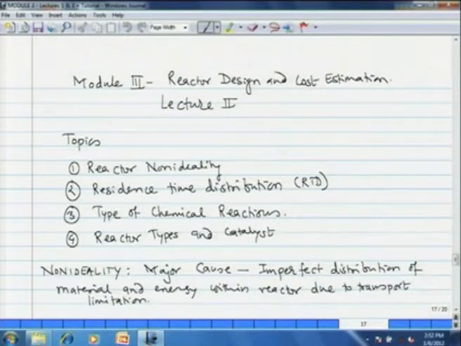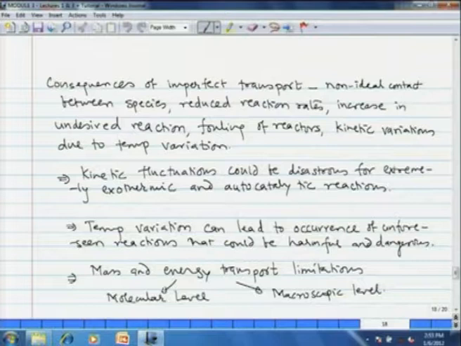The major cause of reactor non-ideality is the imperfect distribution of material and energy within the reactor due to transport limitation. This transport limitation can cause several undesired effects. First of all, non-ideal contact between the species, reduced reaction rate, increase in undesired reactions, fouling of the reactor, and kinetic variation due to temperature variation.